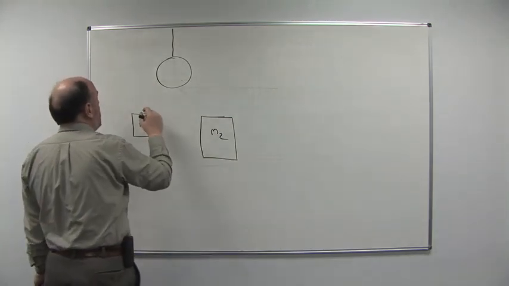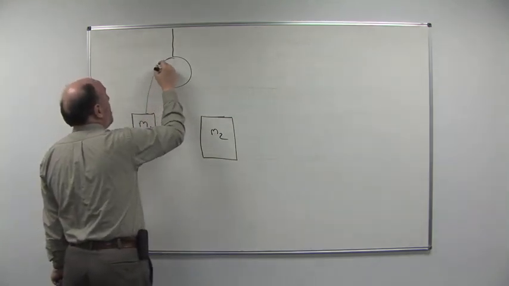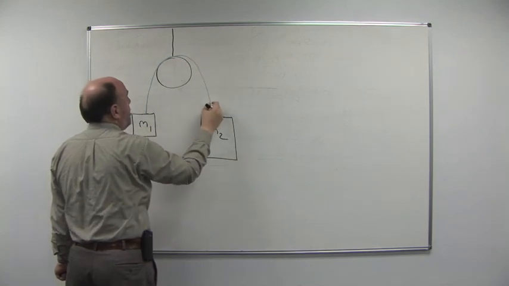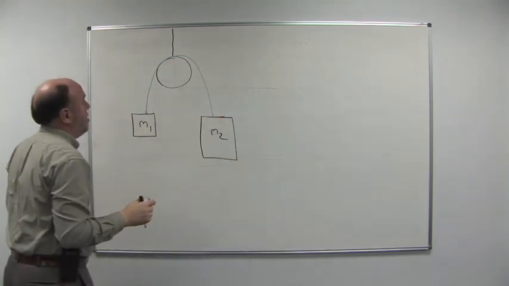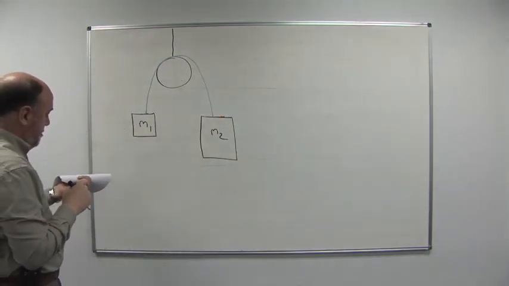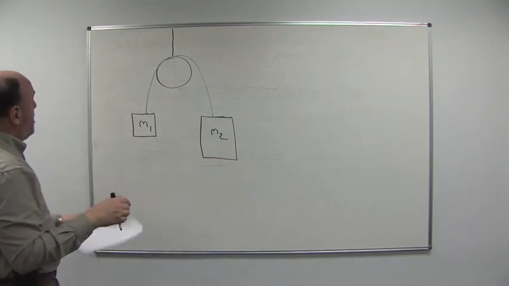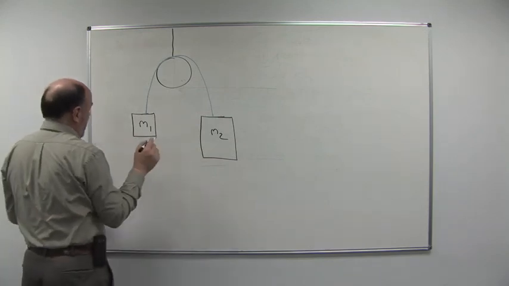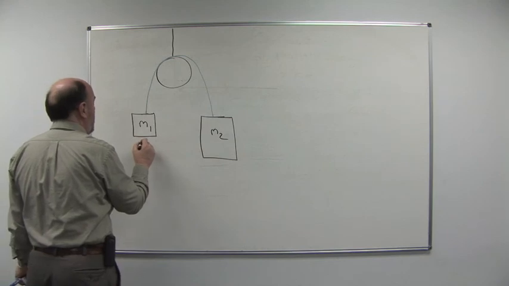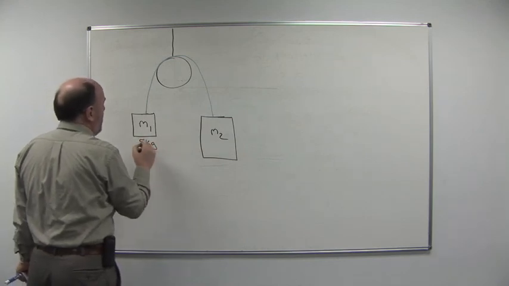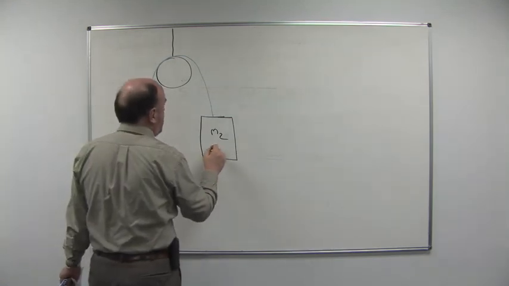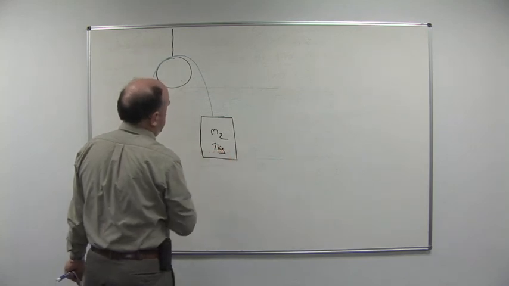And maybe they're connected by a line, a wire that goes from one to the other. And so we have here that mass 1 in this case is going to be 5 kilograms, and mass number 2 here will be 7 kilograms.